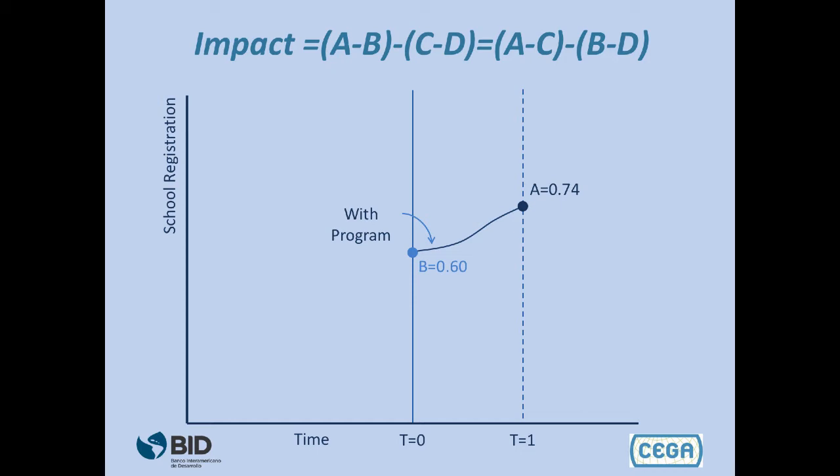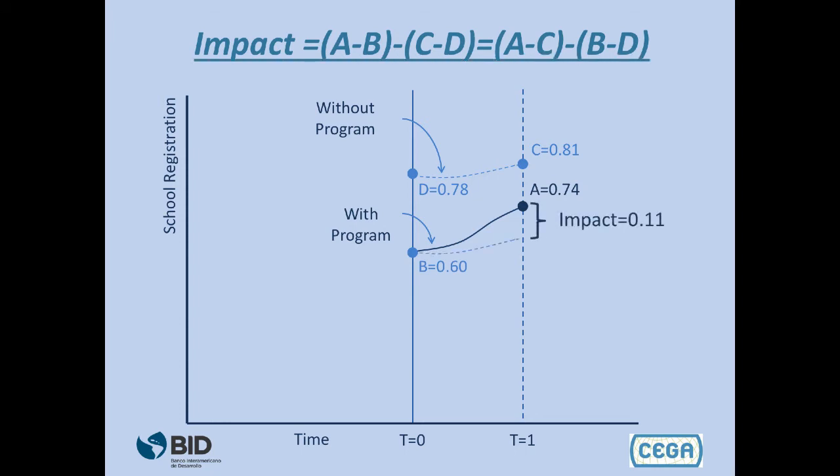After the tutoring their test score rises to 74%, point A. Now we look at the control group. At baseline, prior to the treatment group getting the tutoring, test scores of the control group are represented at point D with a value of 78. At end line, the test scores rise to 0.81.